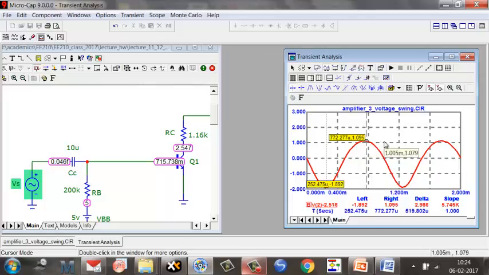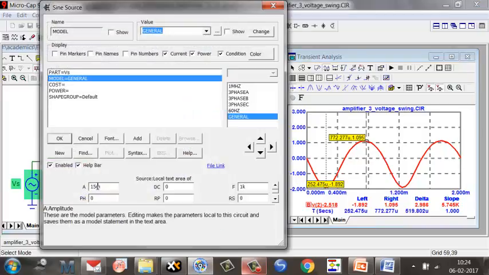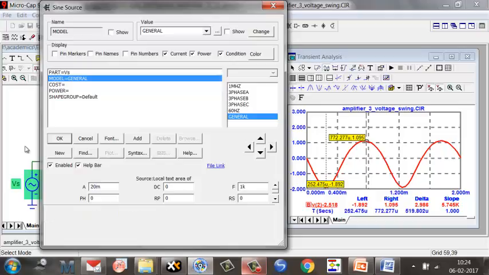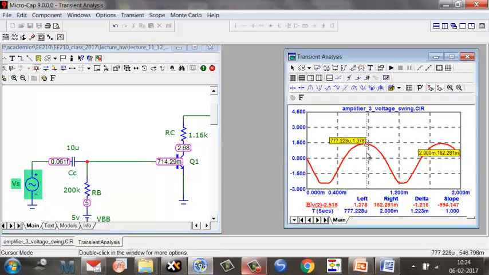Otherwise, simply saying I can drive it even harder. Well, 15, let's make it 20. What will happen? Let's do that. Now, what is the swing that I get here? Well, here I'm getting 1.37, and so if you calculate peak to peak, you'll get some 3.4 or whatever, right? 1.3 and 2.4.